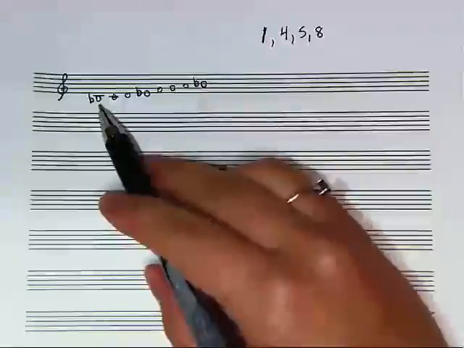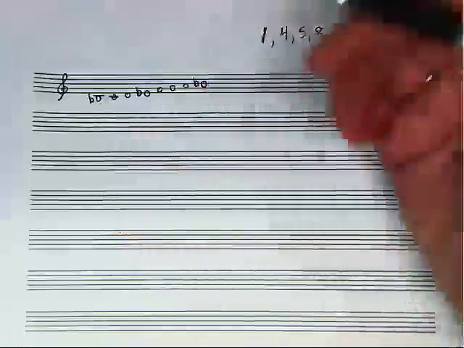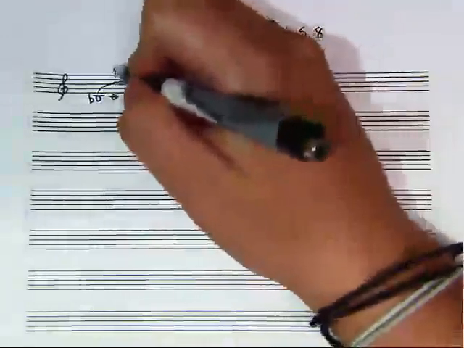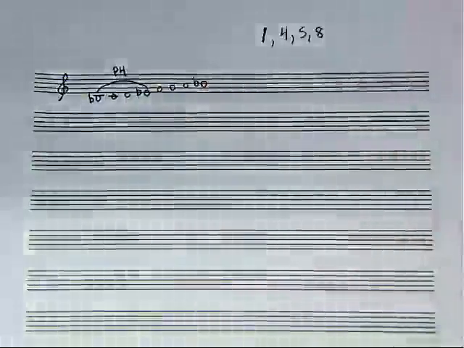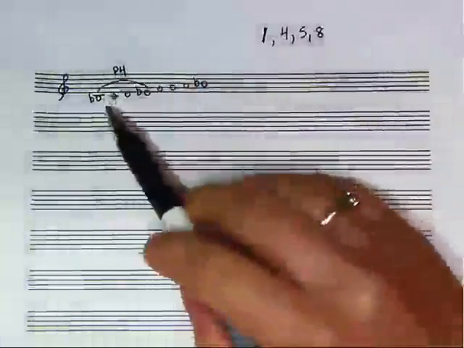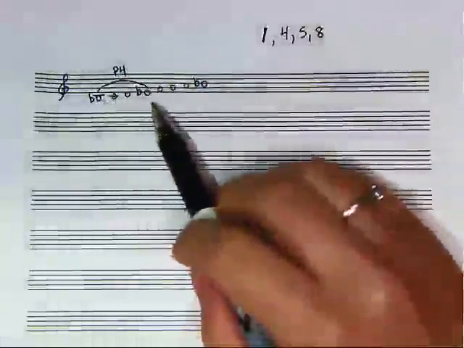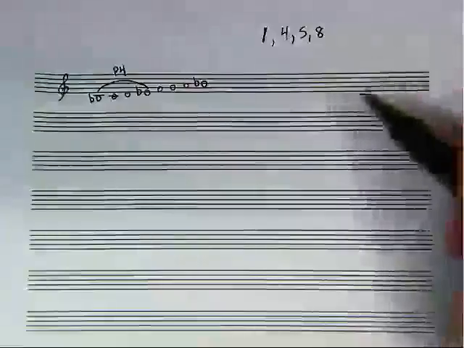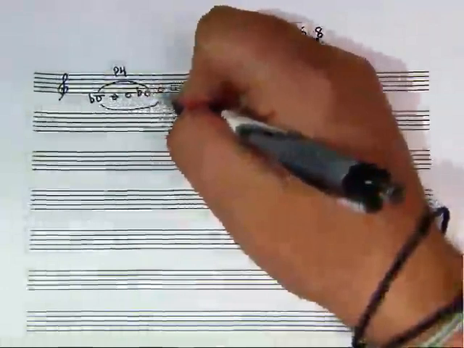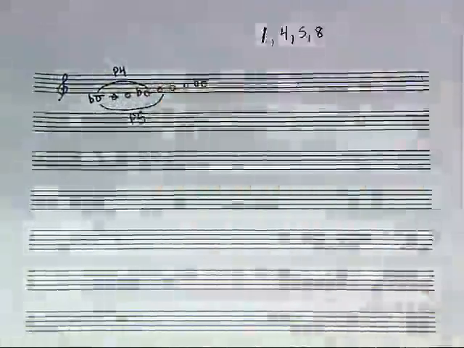If we have a fourth, so from scale degree 1 to scale degree 4, that's a perfect fourth. We use a capital P to show perfect. From B flat to E flat is a perfect fourth. If we go to scale degree 5, that's a perfect fifth.